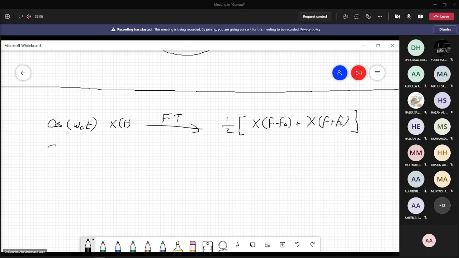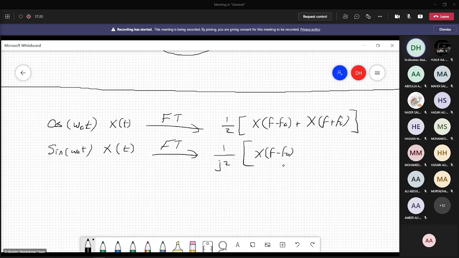Similarly, for sine omega naught t times x of t, the Fourier transform is 1 over j2 times x of f minus f naught minus x of f plus f naught.